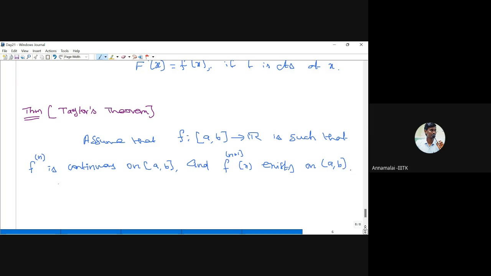Then fix a point x naught in the open interval a comma b.